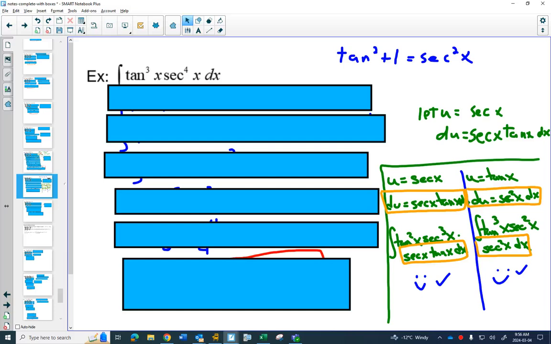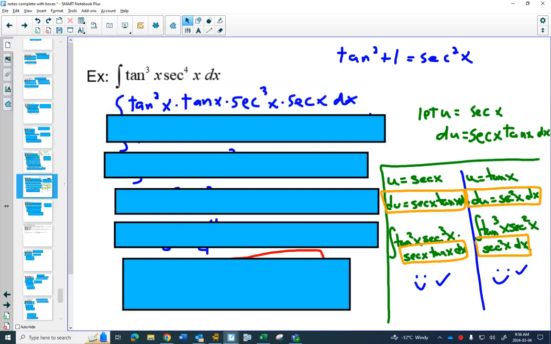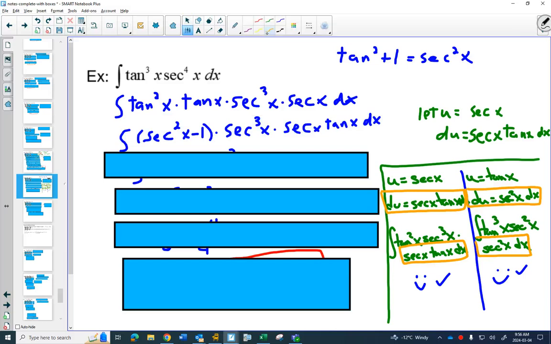If u is secant x, then its derivative is secant x tan x. I take my equation, I break things up so that I have exactly what I did down there in my green strategizing problem solving. I get that secant x tan x by itself, and then I can change the tan squared to secant squared x minus 1.